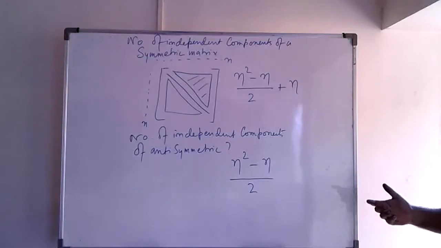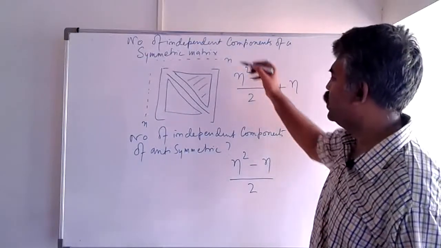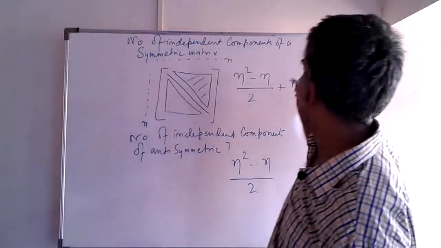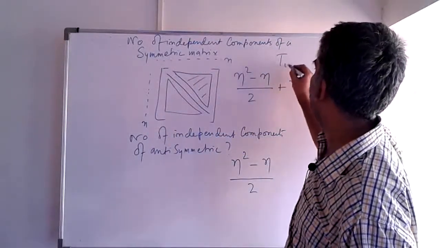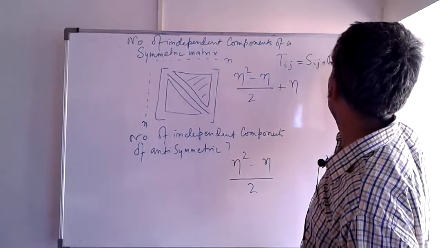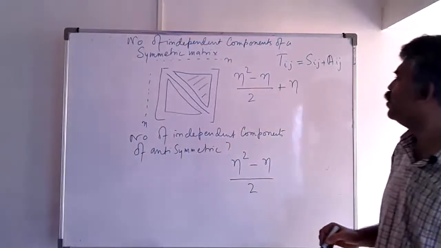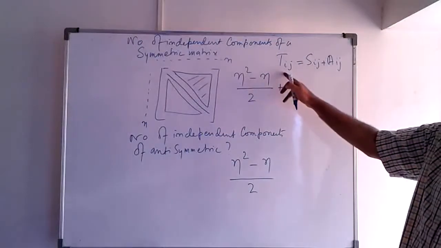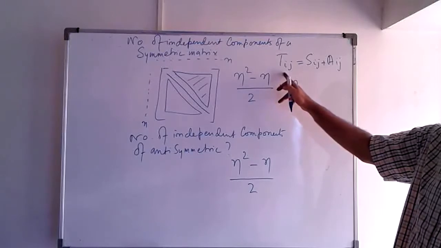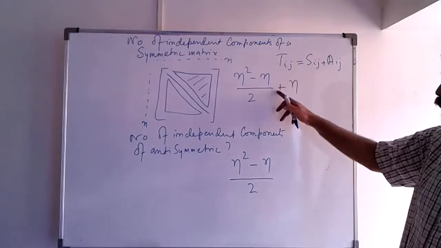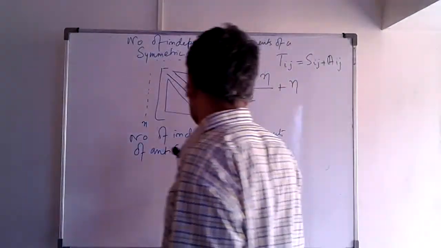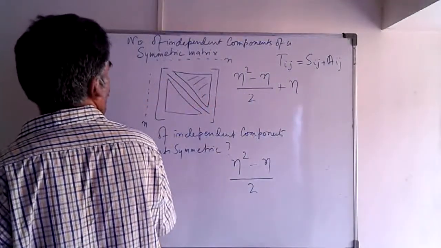So basically what I said is, any tensor Tij is the sum of a symmetric matrix plus an antisymmetric matrix. So what is the number of independent components of any asymmetric tensor or matrix of rank 2? n square. So if I add these two, n square should come.